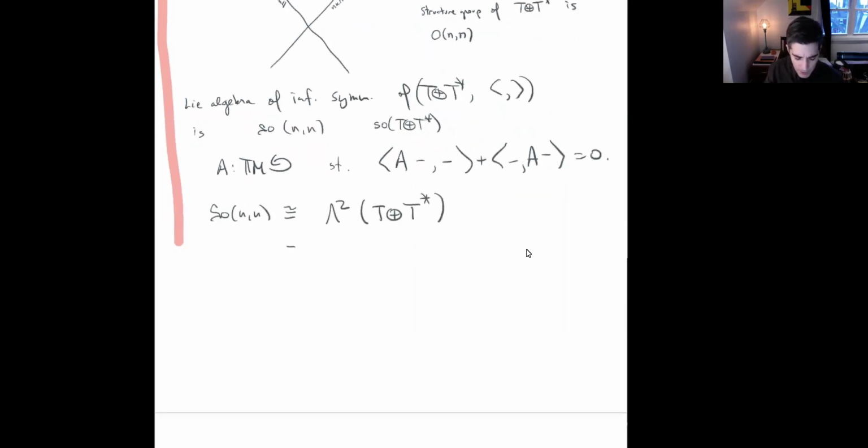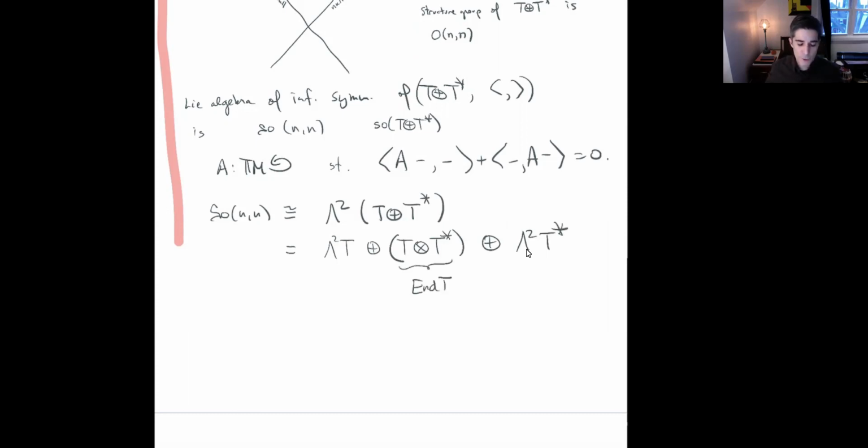And if we write this out, what do we find? We find that there's a wedge 2 T, there's a T tensor T star, and there's a wedge 2 T star. This is otherwise known as endomorphisms of T.